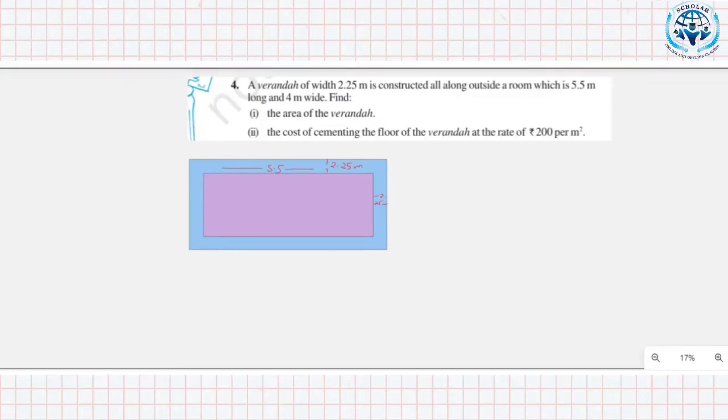Here also we will add the width to find out the area of the room with veranda and subtract both to get the area of the veranda.